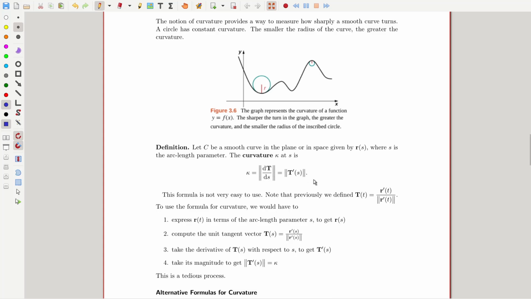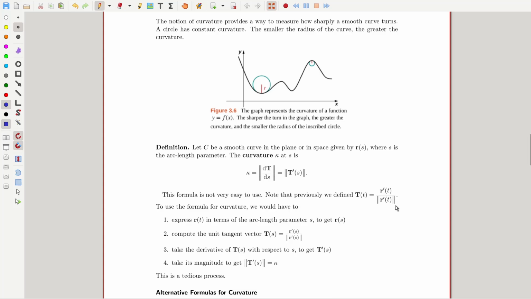And let's just think through what this actually would require us to do. So in a previous lecture, we discussed this. So this is actually the unit tangent vector. What you do to create this is, starting with a parameterization of a curve r of t, you take its derivative with respect to time.